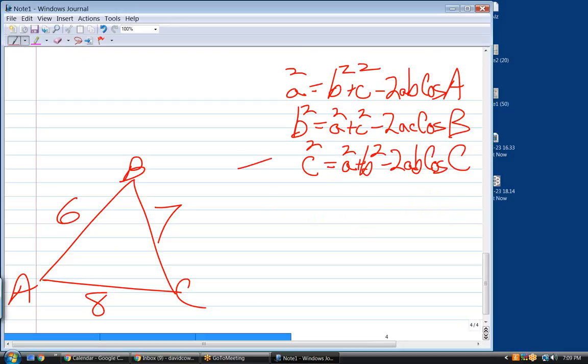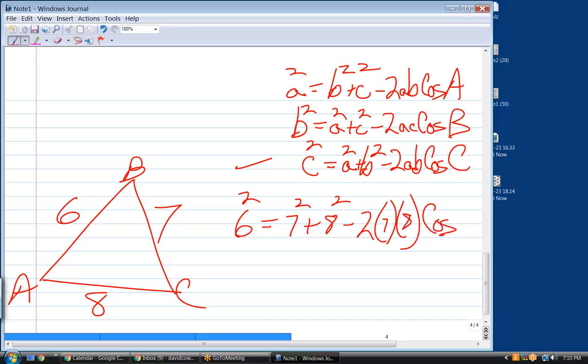Well, let's use the third one. So I'm going to be able to say 6 squared equals 7 squared plus 8 squared minus 2 times 7 times 8 cosine of c. Well, notice the only variable there is that. So I can solve for c.